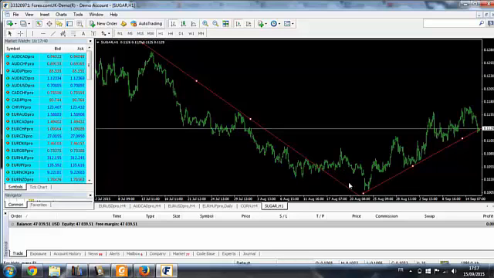For example here, if you feel that there is a reversal trend, you must draw the new trend to know if it is a consolidation or a reversal trend. So this is very important to do.